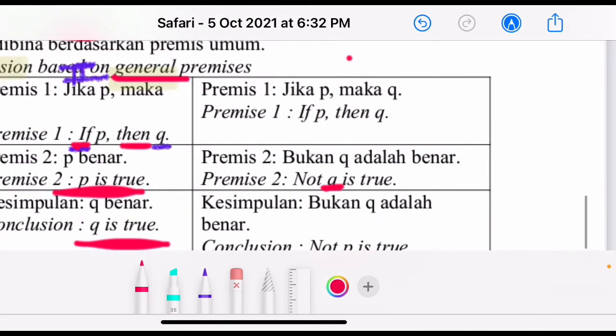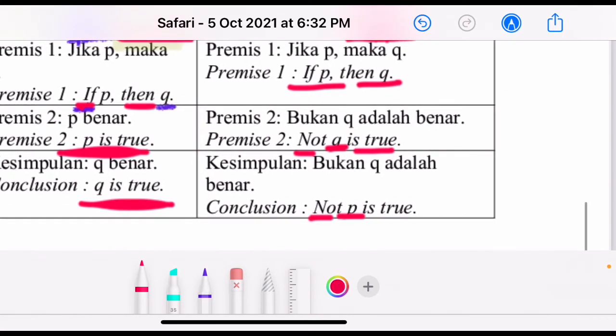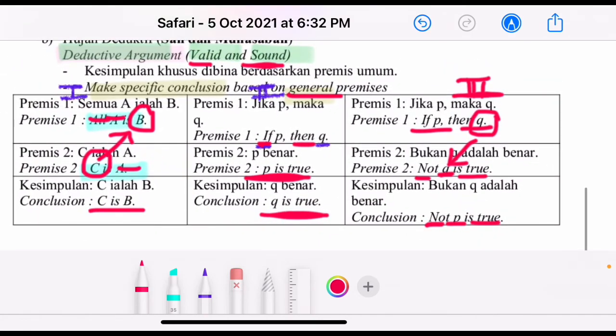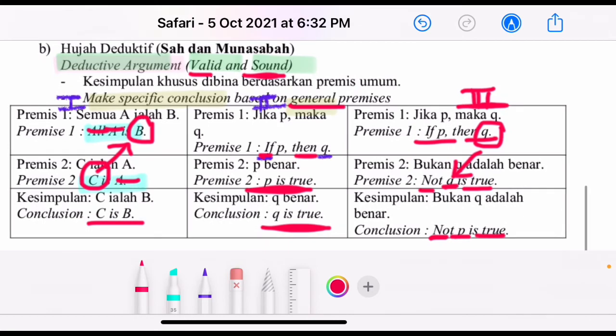For the third type, still if P then Q, not Q is true, then not P is true, right? There are 3 patterns. Please memorize them before we can solve all the questions involving mathematical reasoning.